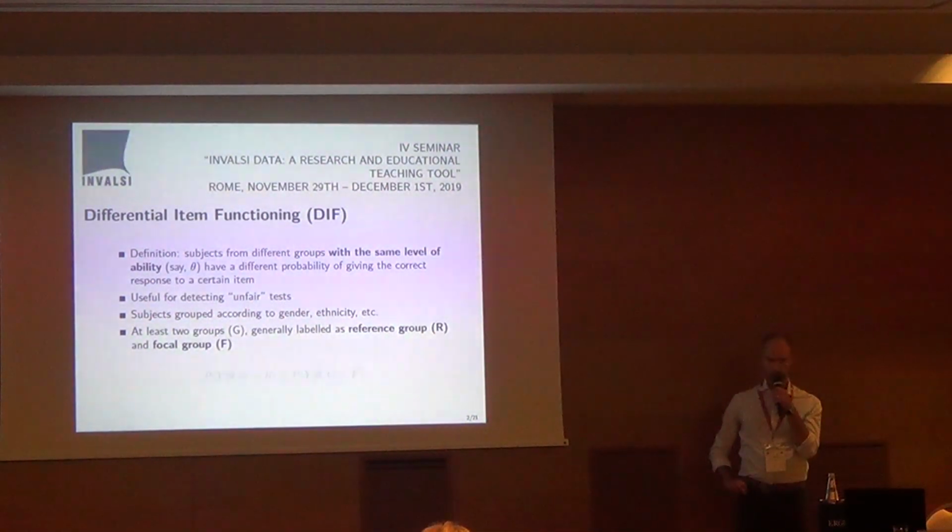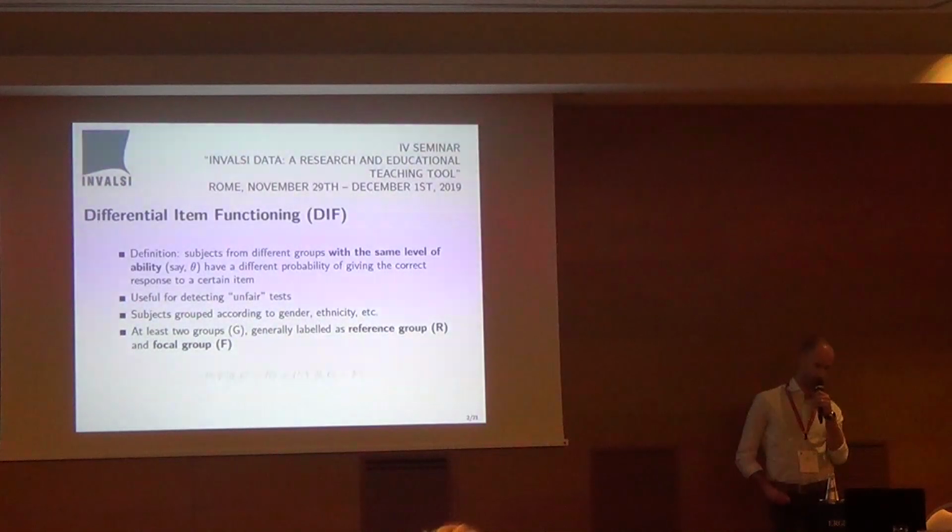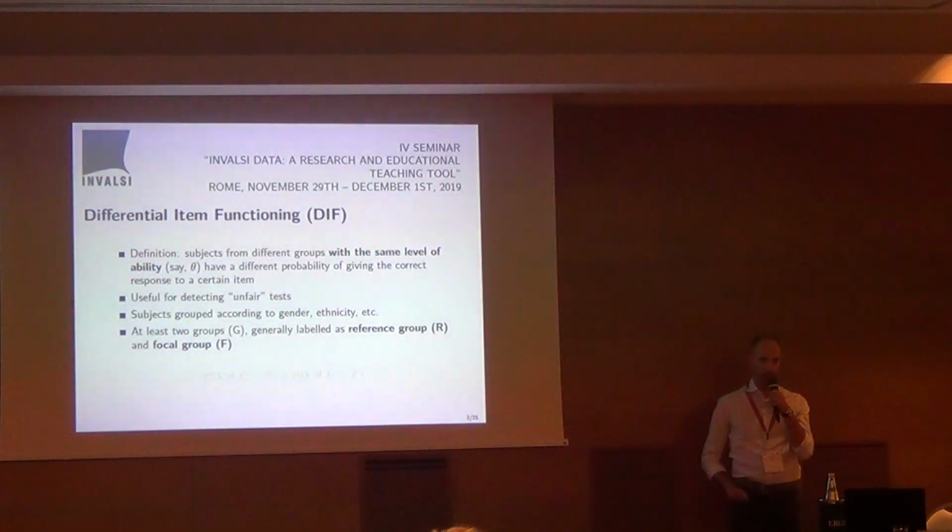Differential item functioning, DIF for short, is something that occurs to a specific item, and it happens whenever subjects belonging to different groups but with the same level of ability have a different probability of a correct response to this item.